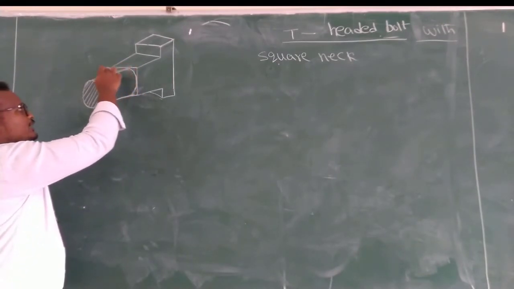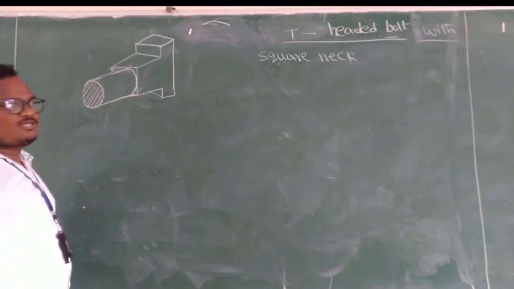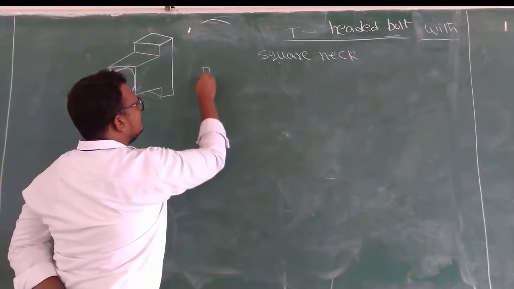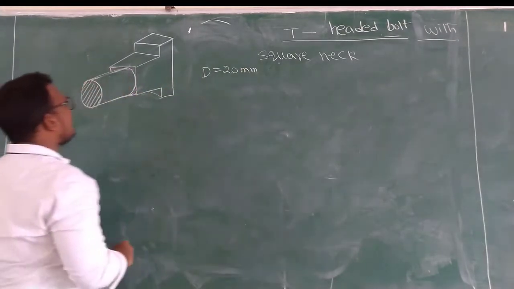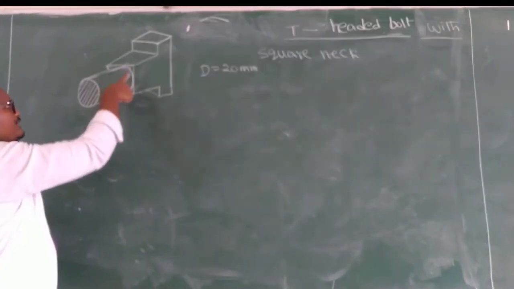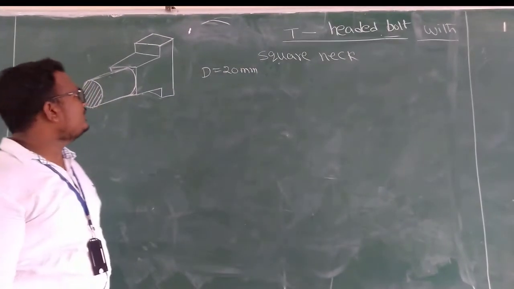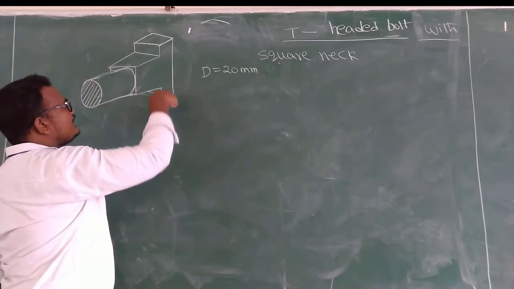The dimension of the square neck is equal to the diameter of the bolt. Initially I am assuming D is equal to 20 mm, so automatically the dimension of the neck will also be 20 mm. Here there is a T-shaped head.